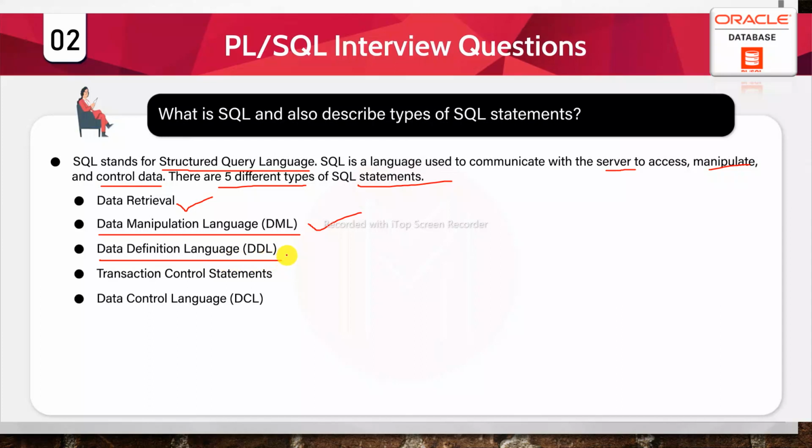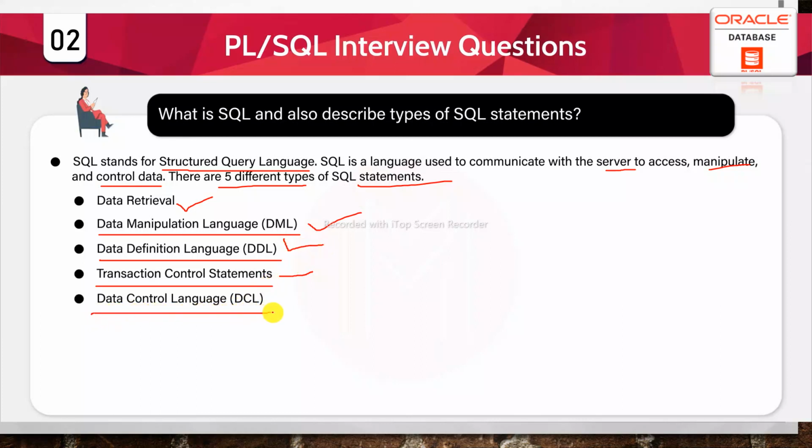For defining the structure of a table or any database object, we use the DDL commands. Then transaction control statements, that is TCL. The commands included are commit, savepoint, and rollback. These are the commands used in transaction control statements.